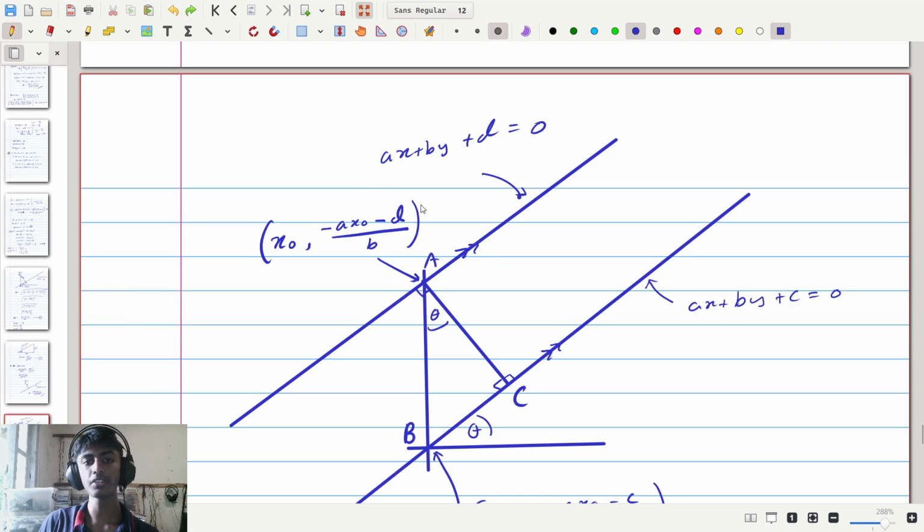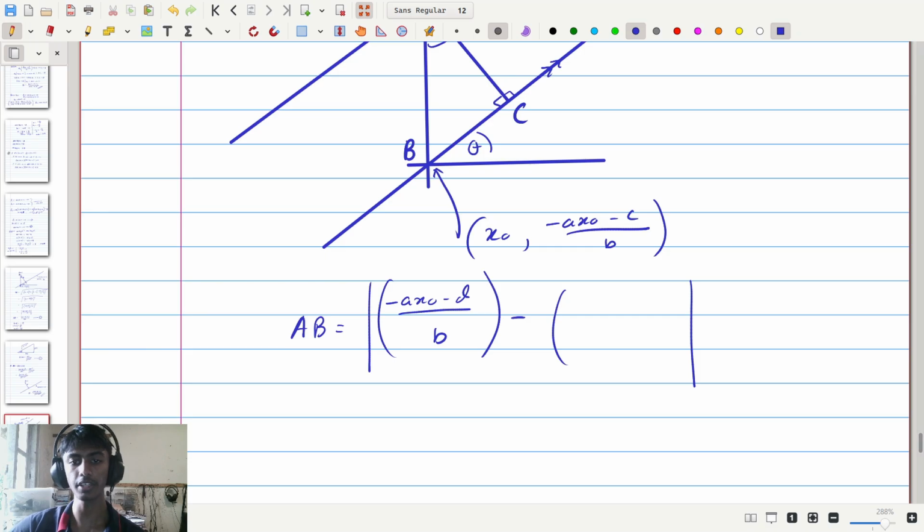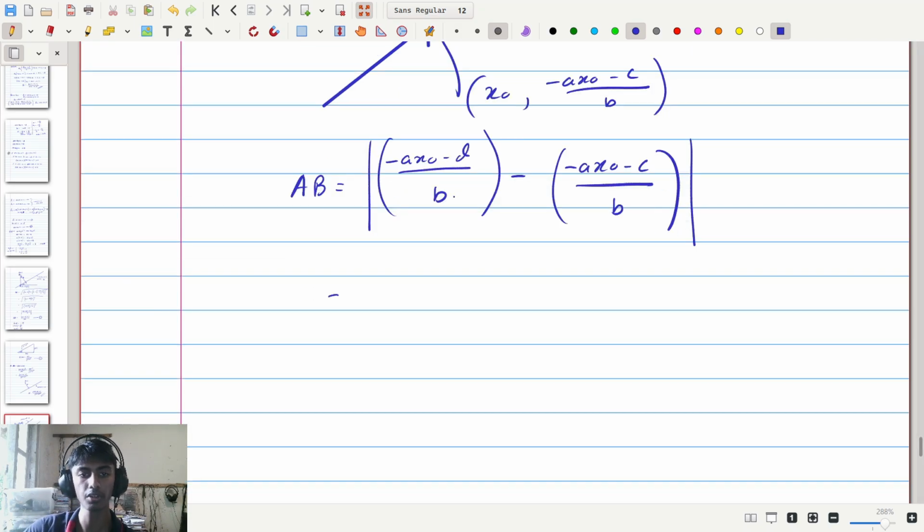The first y-coordinate is negative ax0 minus d divided by b, so we'll write it as negative ax0 minus d divided by b, minus the second y-coordinate, which we'll put in brackets to make it easier. The second y-coordinate is negative ax0 minus c divided by b. Now, simplifying this, we'll take these things out as separate factors.